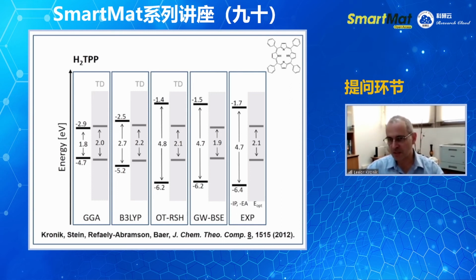There's a reason in the end why we typically use 20% and not 80%. So optimal tuning, in my view, is a good idea only if combined with a functional that is asymptotically correct, and that would be a range-separated hybrid for a molecular state or a screened range-separated hybrid for the solid state.